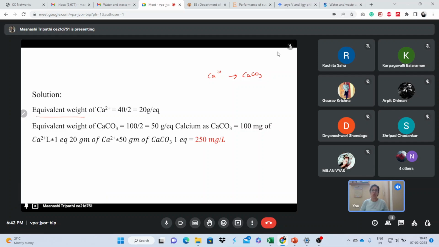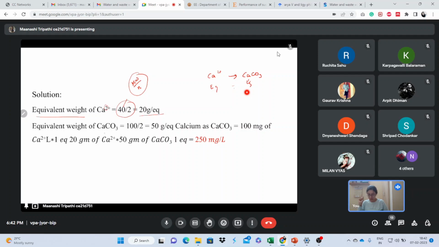The two equivalent weights should be the same. So what is the equivalent weight of calcium? 40 divided by 2, where 40 is the molecular weight and 2 is the charge. So it came to 20 gram equivalents.